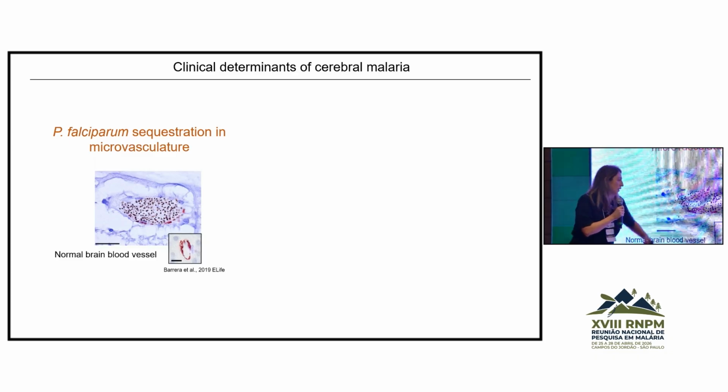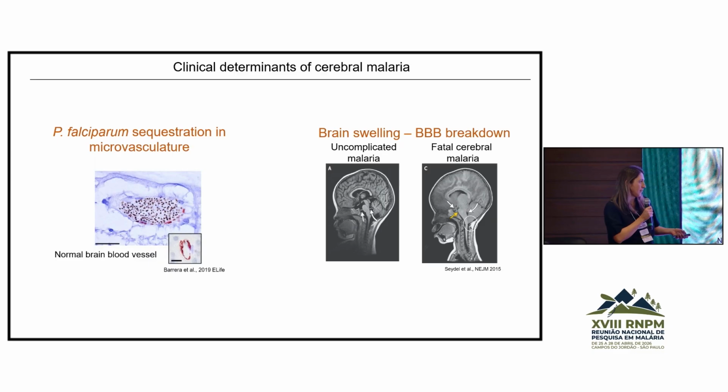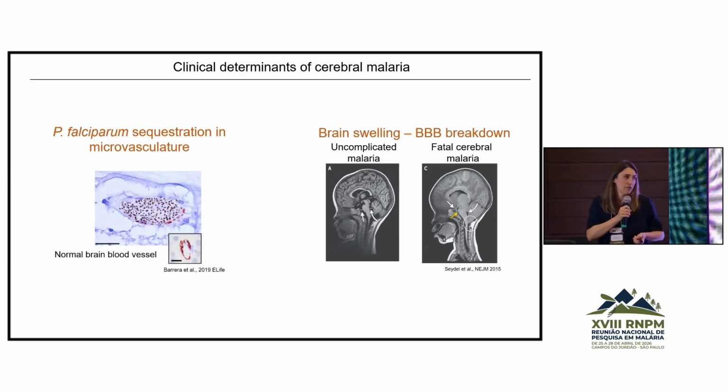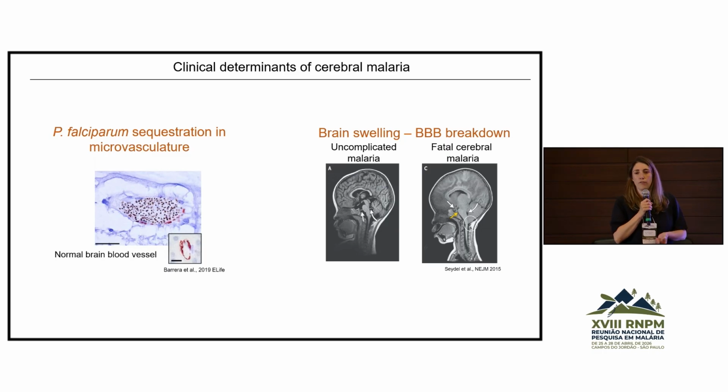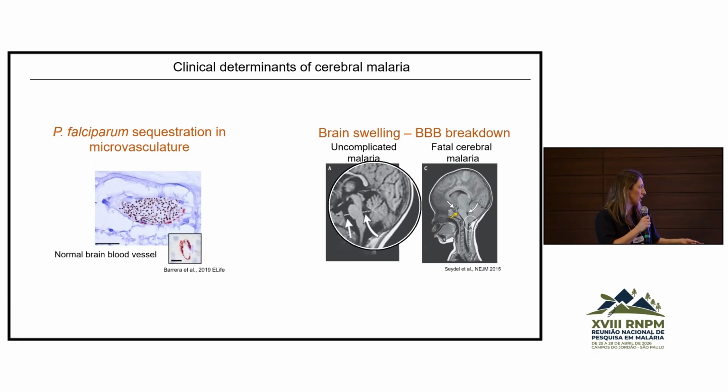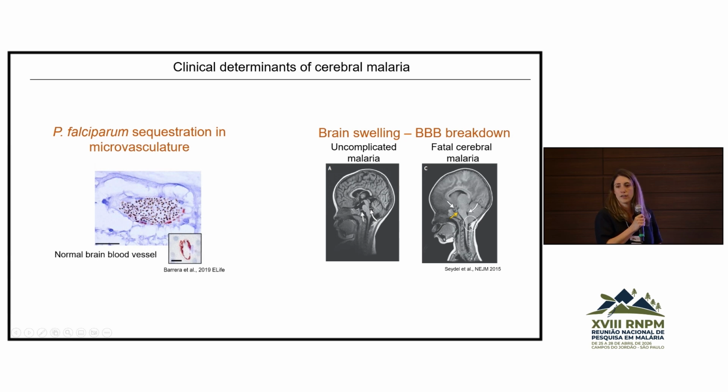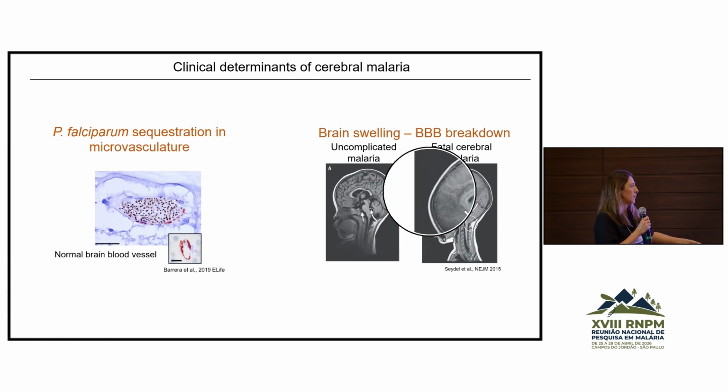You have here a normal blood vessel. And then eventually, this causes massive brain swelling in these children. On the left, you have an MRI of a child that had uncomplicated malaria, and on the right, a child with severe malaria.